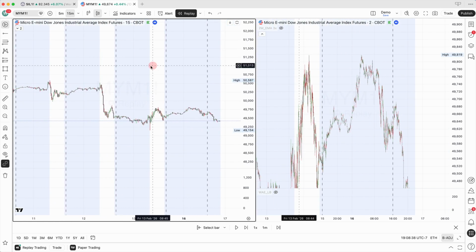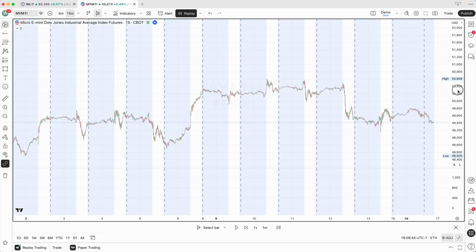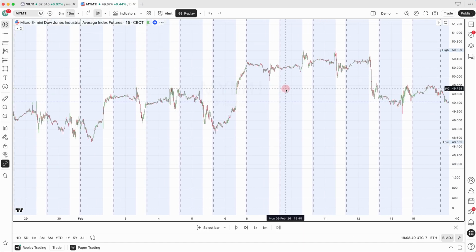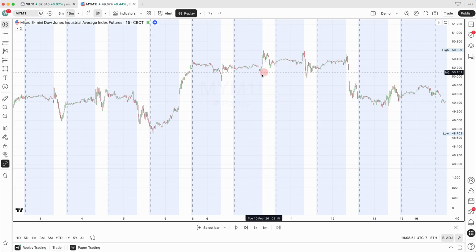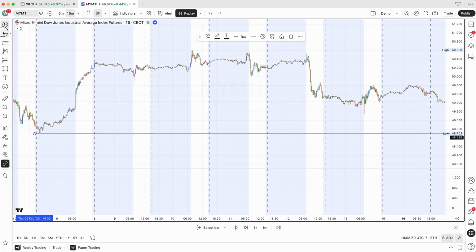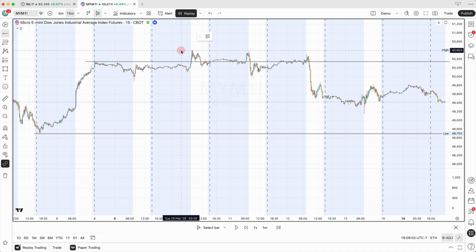I'm on the 15-minute chart, and I'm going to single it out so that we can set up our strategy. The strategy that I use is to mark out swing points on a higher time frame. In this case, the higher time frame is the 15-minute chart. I want to go back in time, and I want to find these points of resistance and support that have significance.